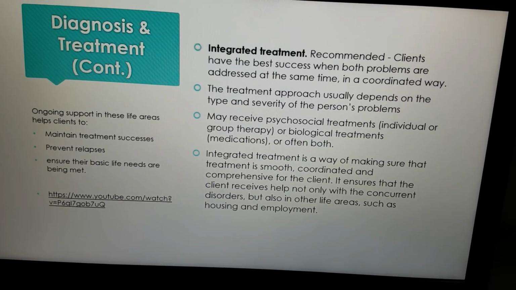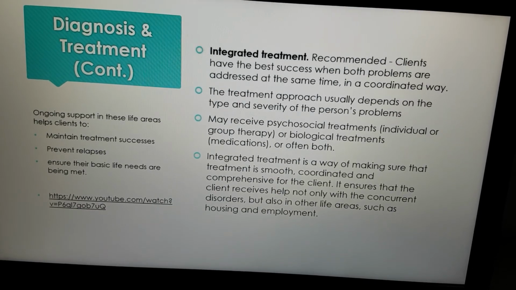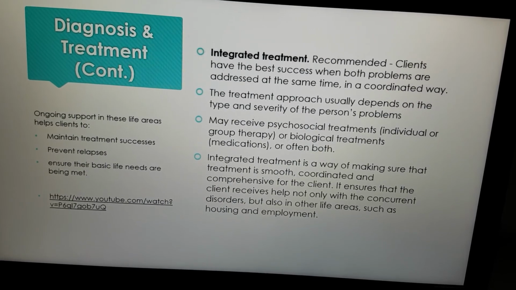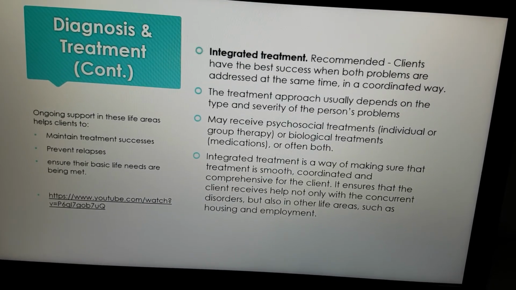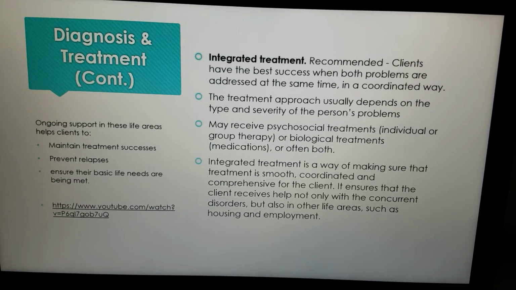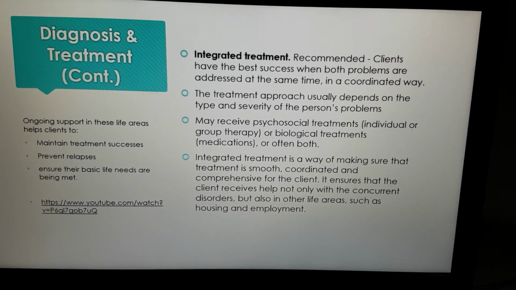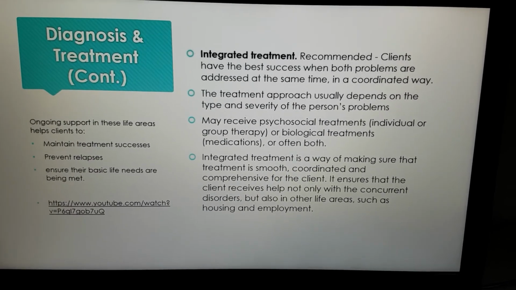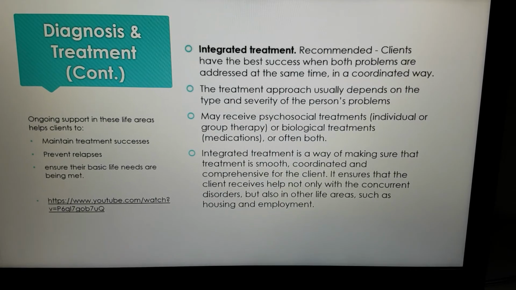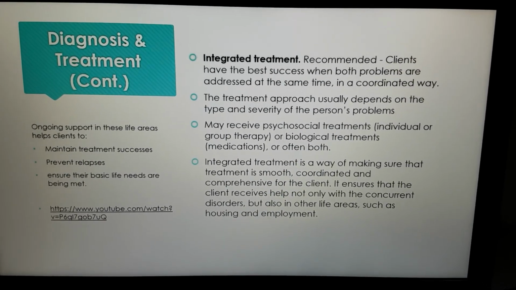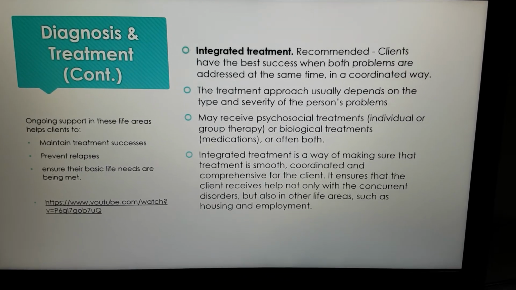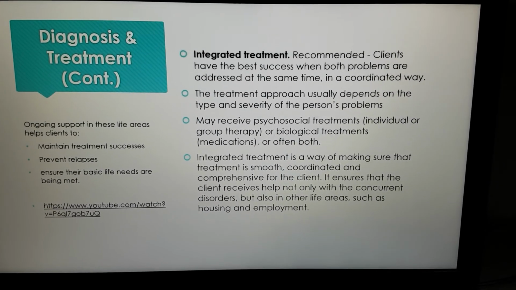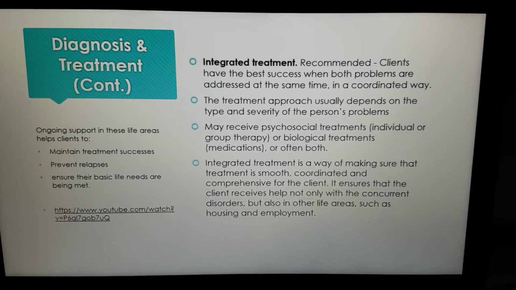The treatment usually depends on the type and severity of the person's problems, and they may receive psychosocial treatments, such as individual or group therapy, or biological treatments, which is medications, or oftentimes both. The big thing with integrated treatment is that both are treated at the same time. Oftentimes, however, if somebody is suffering from alcoholism and anxiety, for example, they need to be sober first, because sometimes, like we said earlier, those symptoms can mimic each other.